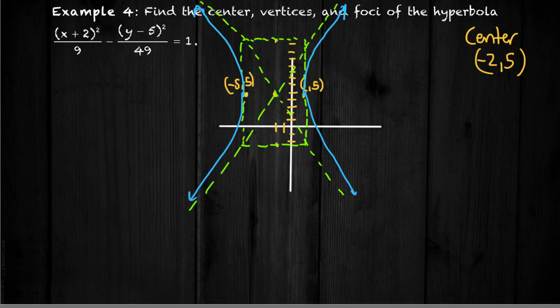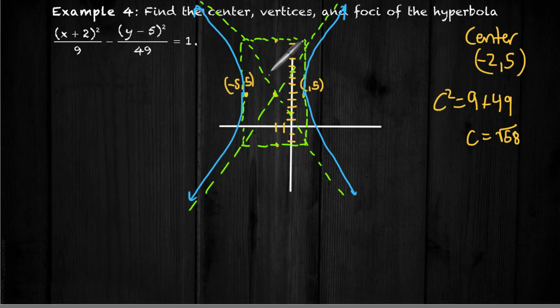So we've got the center. Now we need to find the foci. And so we see that c squared is equal to a squared, which is 9, plus b squared, which is 49. So c is root 58, which means that from the center to the focus is a distance of root 58.